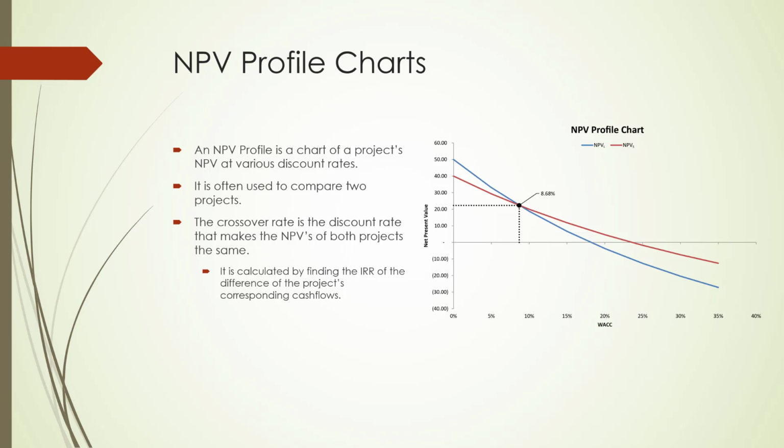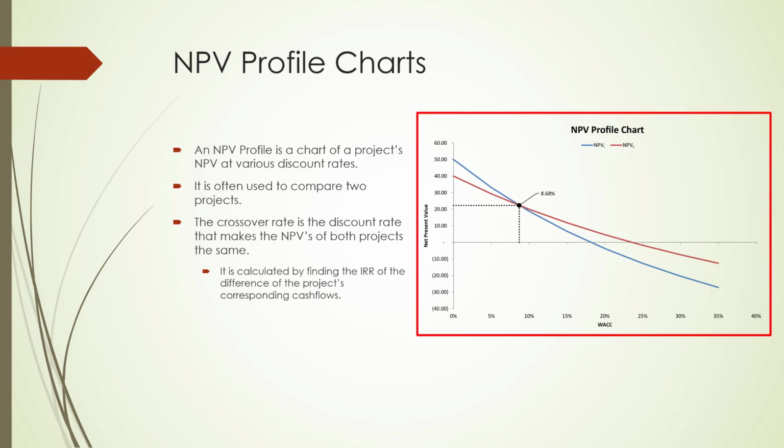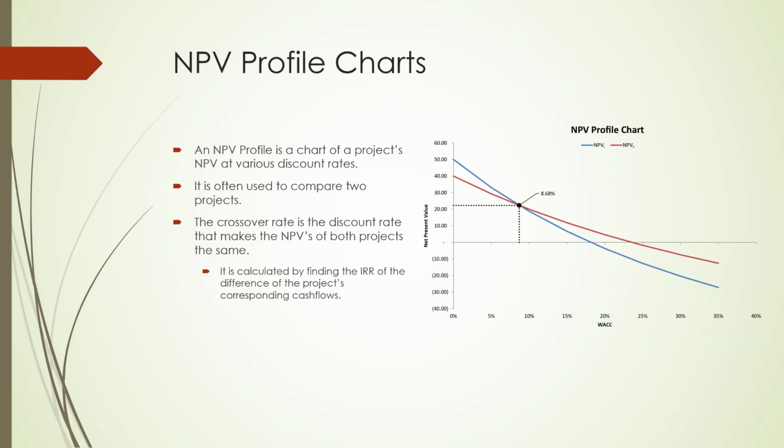Nonetheless, it can be useful to draw a chart that shows the NPV at various discount rates. And so here you see the NPV profile for franchise L and also for franchise S, which is the red line. And all I'm doing is recalculating the NPV at a whole bunch of different discount rates.